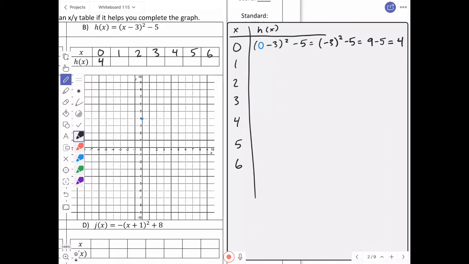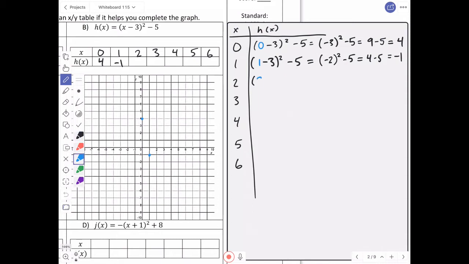And then I've got 1 minus 3 squared minus 5, which is negative 2 squared minus 5, which is 4 minus 5, which is negative 1. So (1, -1): go over 1 and down 1.